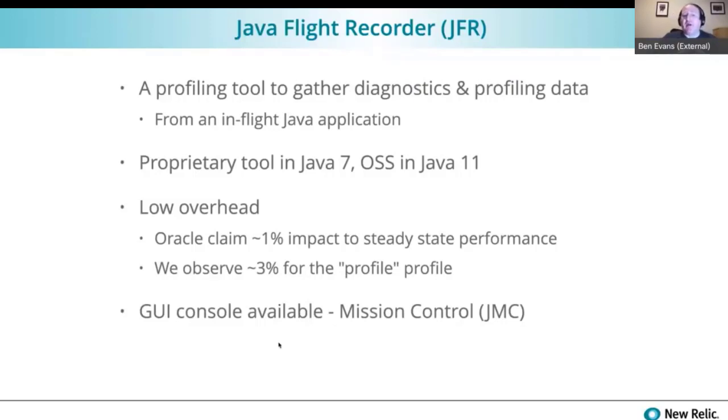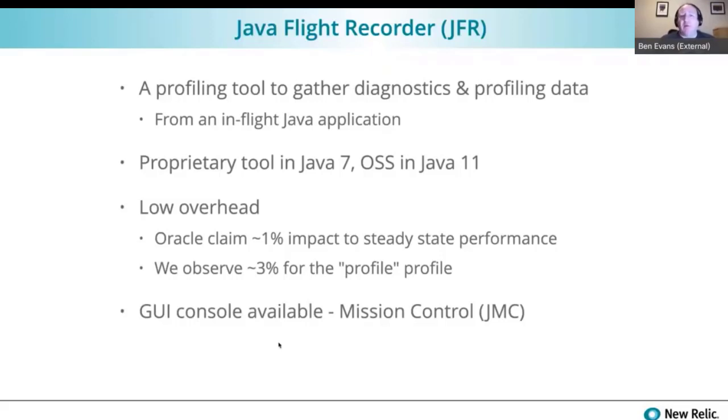There are slightly more than 130 different events that are possible to observe in a JFR event stream or a recording file. And the way that it works is that you can customize this completely, or you can just select one of two predefined profiles, and they have certain subsets of the possible events switched on.